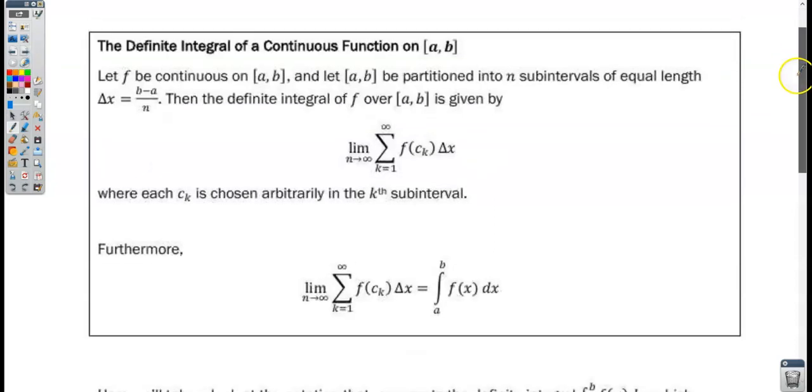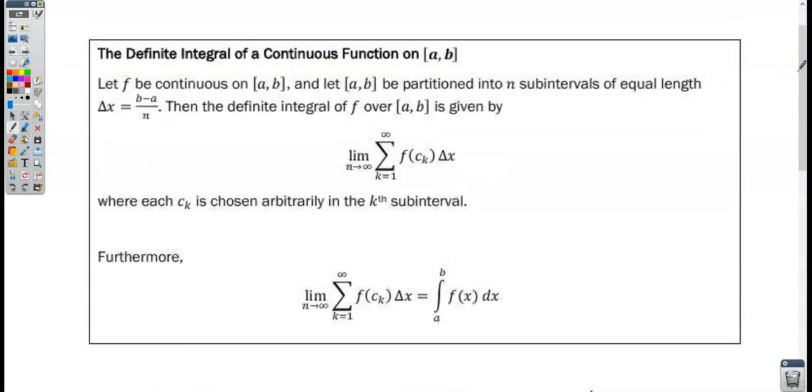Alright, so the definite integral of a continuous function on [a, b], if it's partitioned into n subintervals of equal length, is equal to the limit as n goes to infinity of the sum from 1 to n of this expression. This delta x, of course, goes back to here. It's the width of the rectangles.